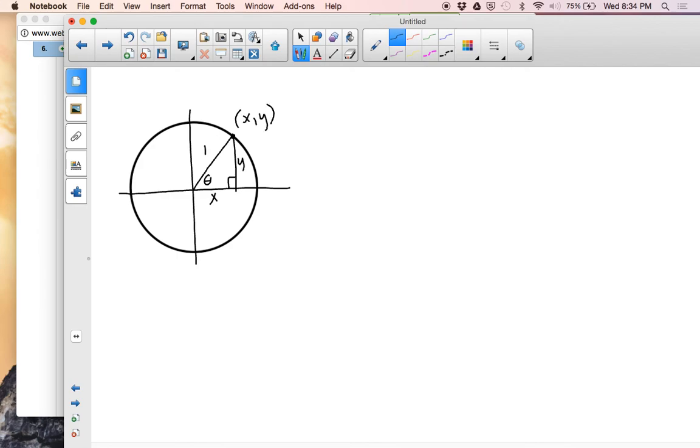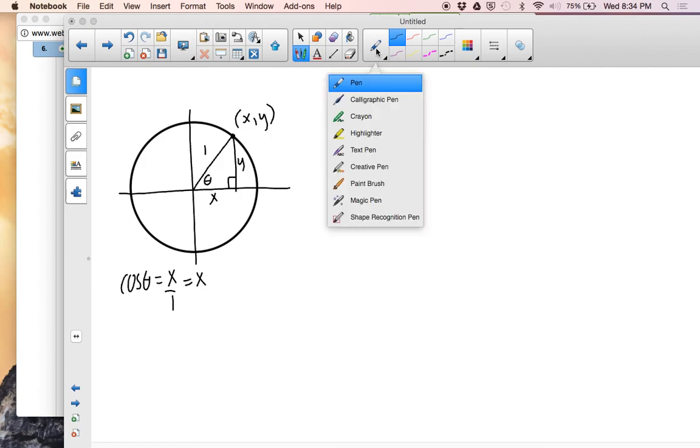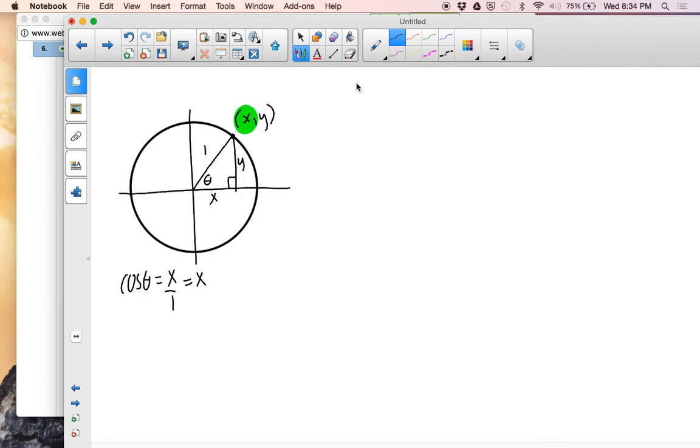If I try to find cosine of theta, it ends up being x over 1, which is just x. So in the unit circle only, this value represents cosine of theta.